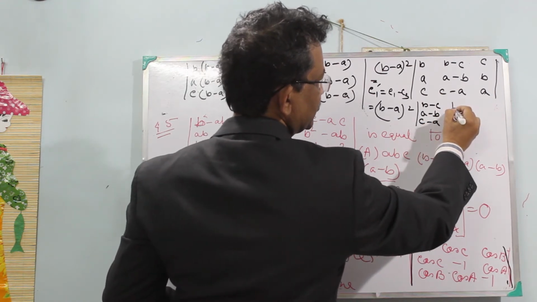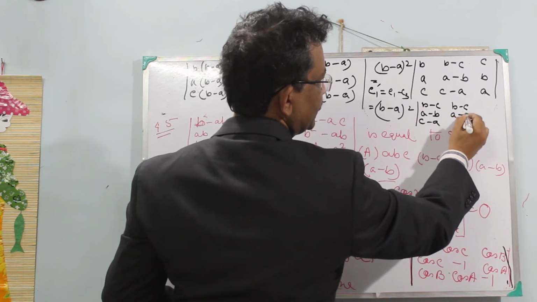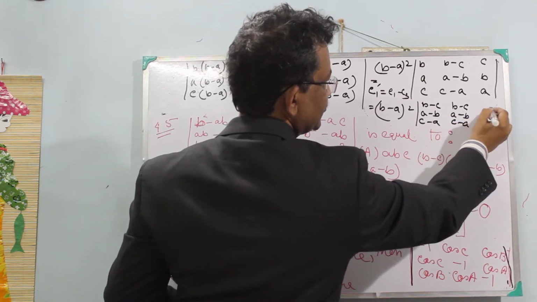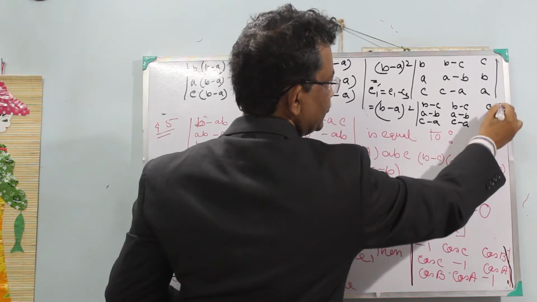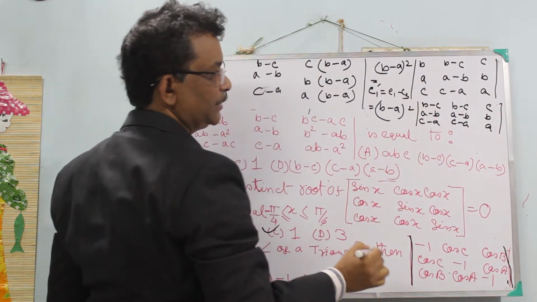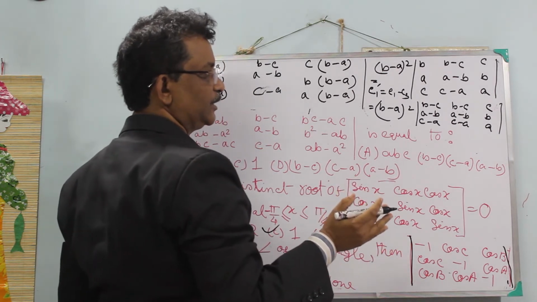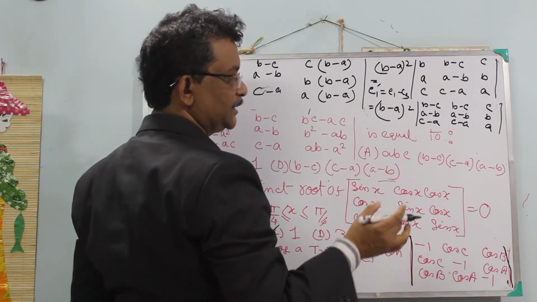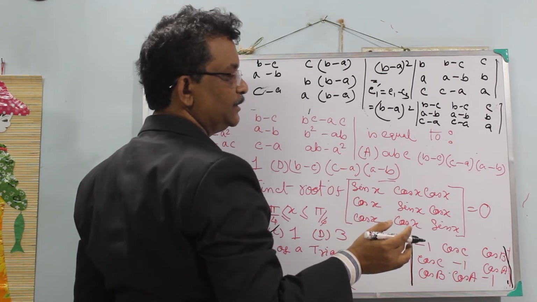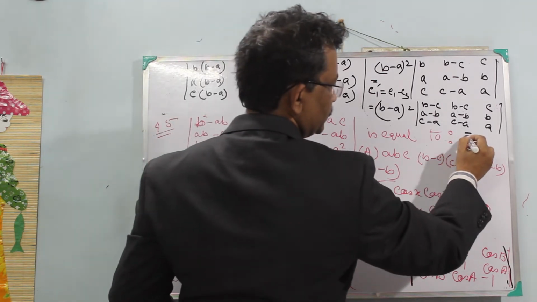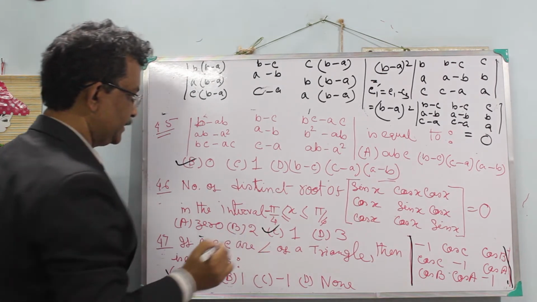Second row, second column: b minus c, a minus b, c minus a, c, b, a. You see the first column and second column are the same. It is a property of the determinant: if two columns are the same, the value of the determinant is 0. So it is equal to 0. Correct answer is B.